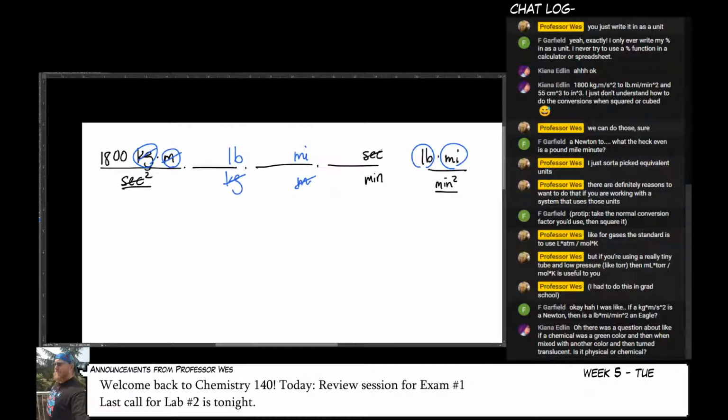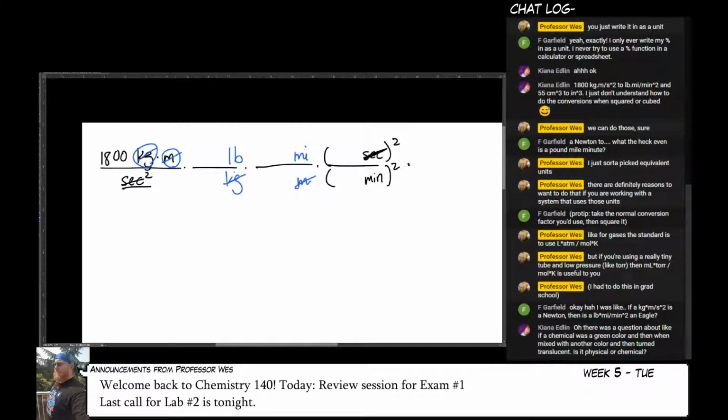But that only cancels out one of them, right? I need to cancel out a squared one, so I actually need to do something like this. And now I will cancel out seconds squared and get minutes squared as a result. So now when I do all of this calculation here, I should have pounds times miles divided by minutes squared, which is what's shown on the screen.